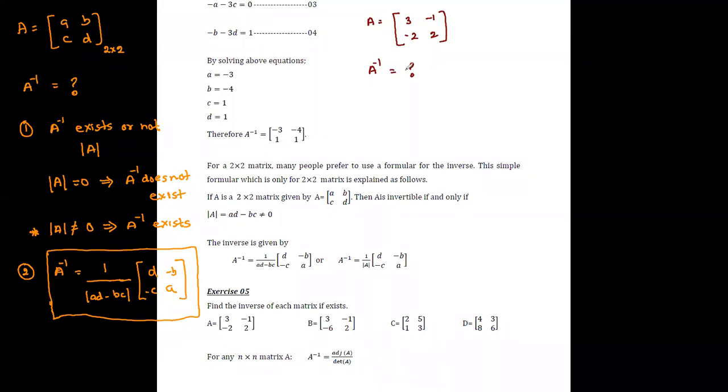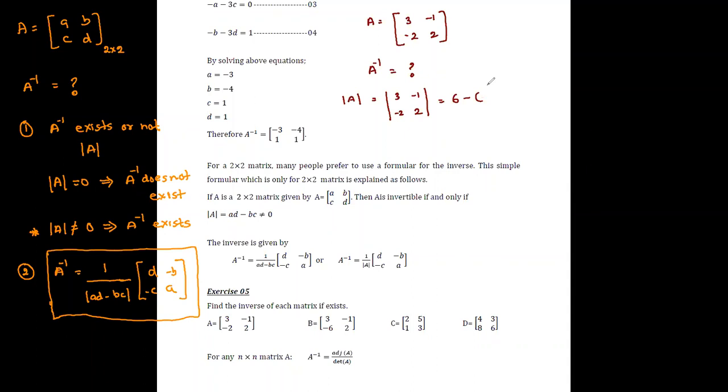First you need to check whether the inverse exists or not. To check that, first you need to take the determinant of this matrix. To take the determinant, you take the difference of the product of the diagonal elements, so this will be equal to 3 times 2 minus 1 times -2.